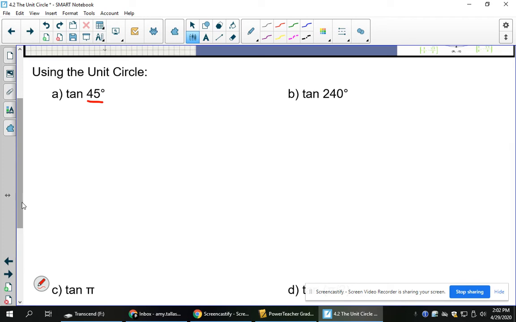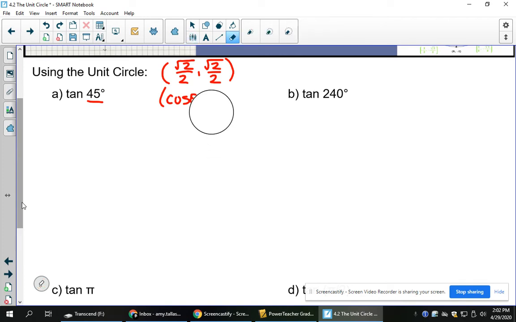You should see that 45 degrees is the ordered pair root 2 over 2, comma, root 2 over 2. And let me remind you that these ordered pairs are always telling you cosine is the first thing, or let me put 45 degrees in there because we actually know what it is.